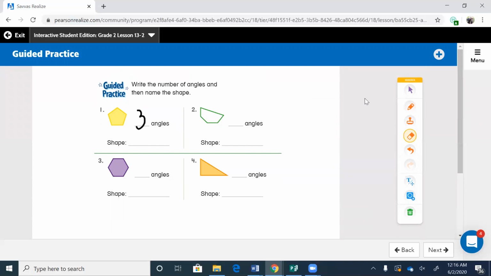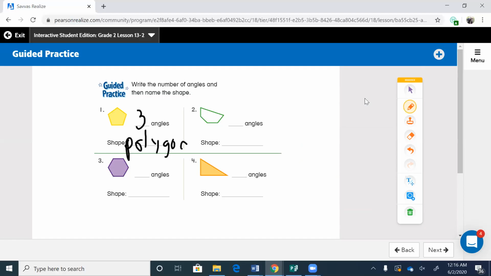Now, what is this shape? Let's count. 1, 2, 3, 4, 5. 5. So that's called a what? Polygon. Okay, let's look at number 2.